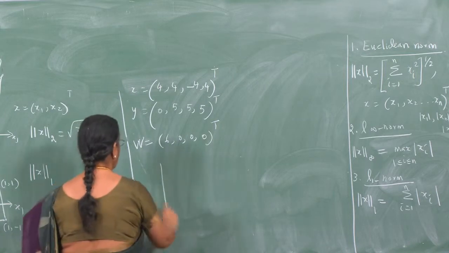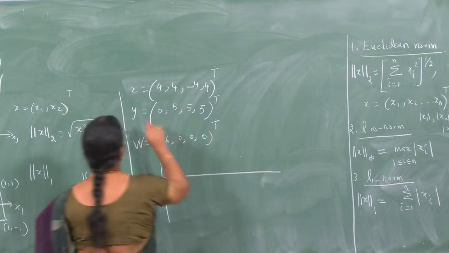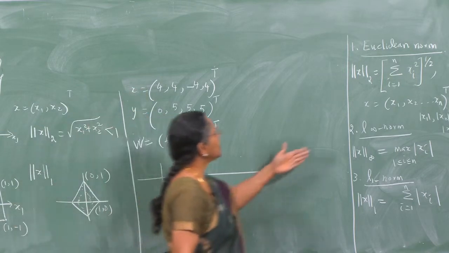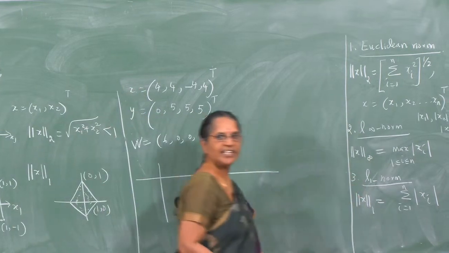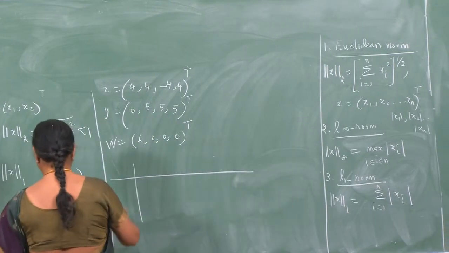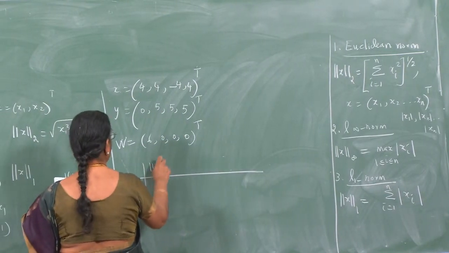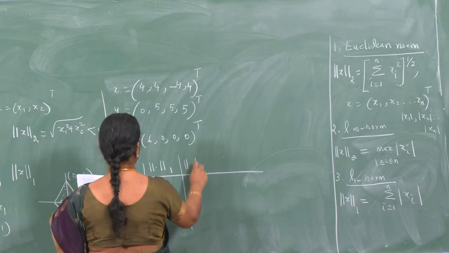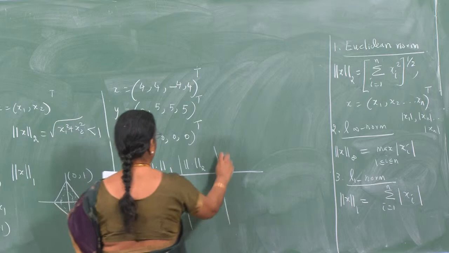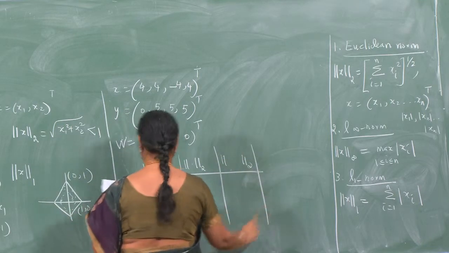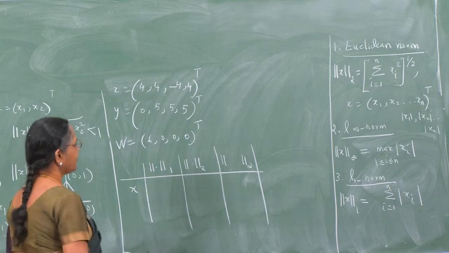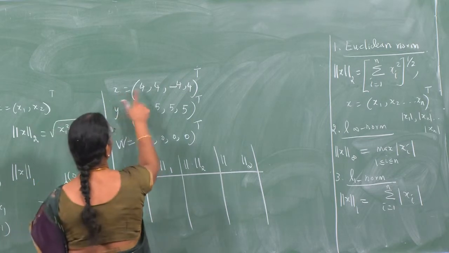So, I would like to find the norm of x if I use each of these definitions. I want to use norm 1, norm 2 and finally norm infinity for the vector x which is given to me. What is norm 1?